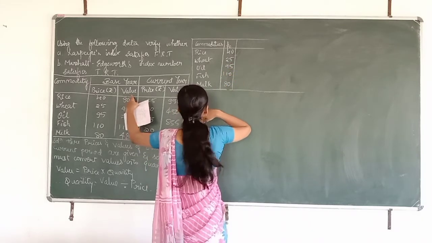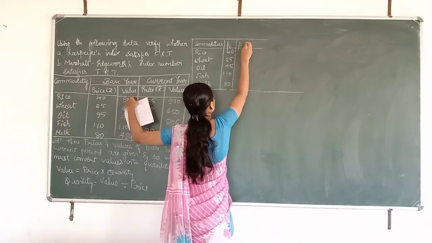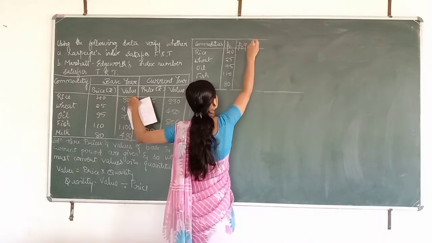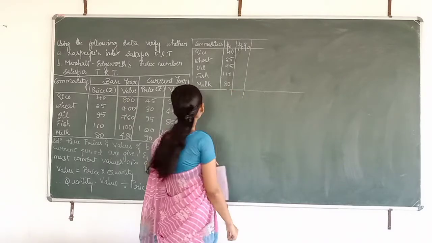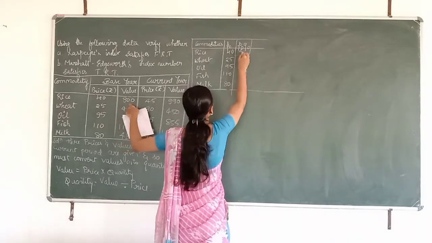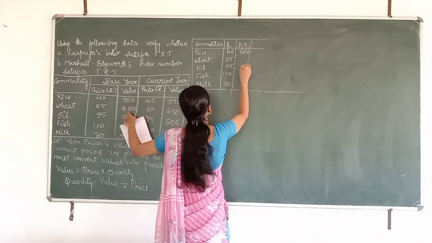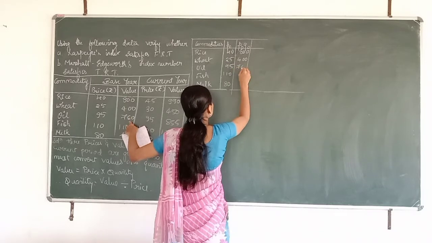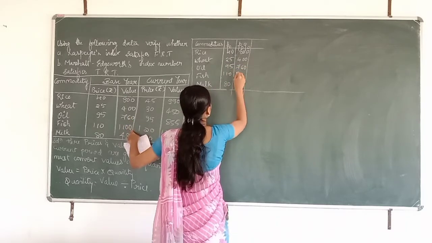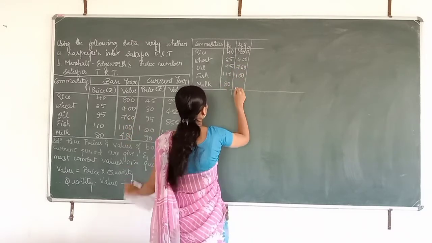Next, we are provided with base year value, that is price into quantity, P naught Q naught. So value is 800, 400, 760, 1100, 480.